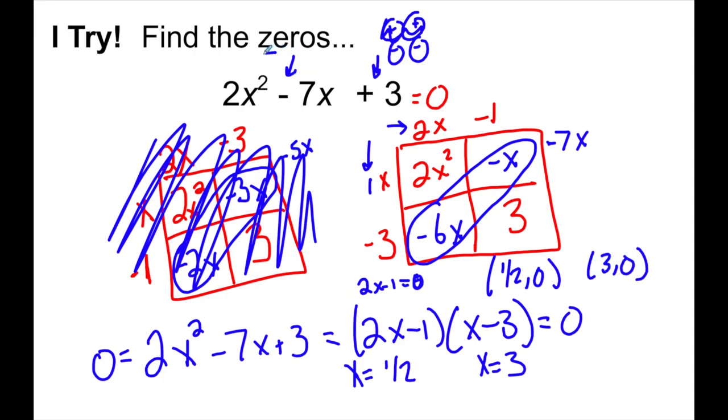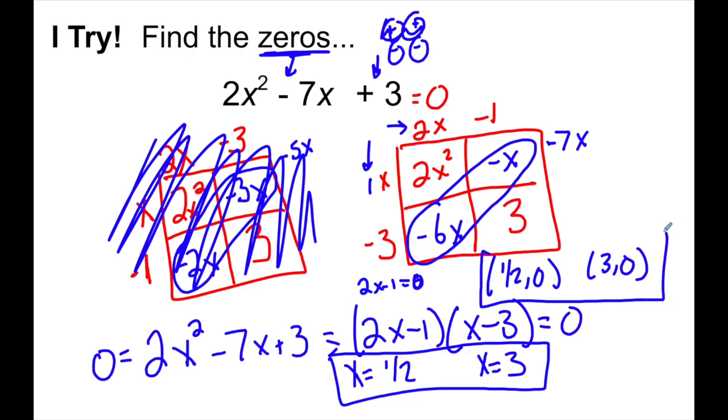So when I say find the zeros, if I ask for the zeros, those are the zeros. If I say find the x-intercepts, you give me these. If I say factor it, you give me this. Okay, so recap.